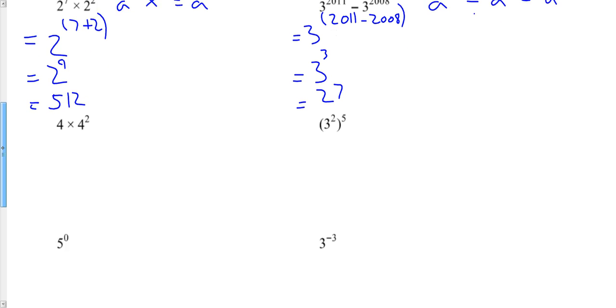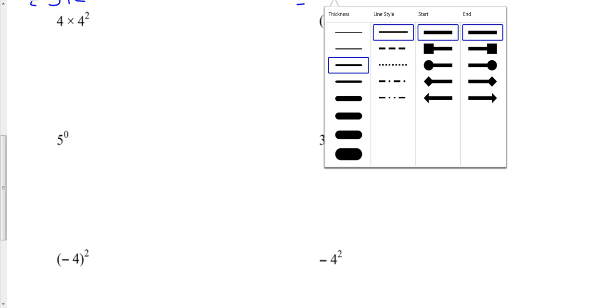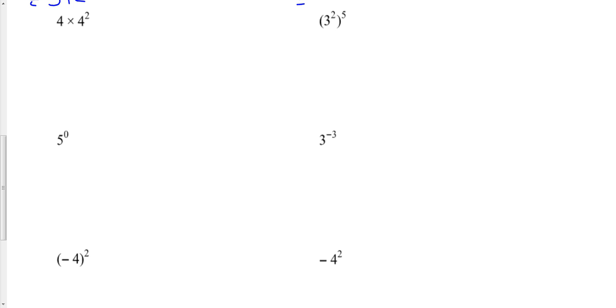Next, we want to take a look at what we do if we have a power that has no exponent written. I'm going to change my pen color just so it's a little easier to see. In this case, I've got 4 with what looks like no exponent. When there's no exponent written, we have to note that it's actually the exponent 1. This is a multiplication, so we're adding these 2 exponents together.